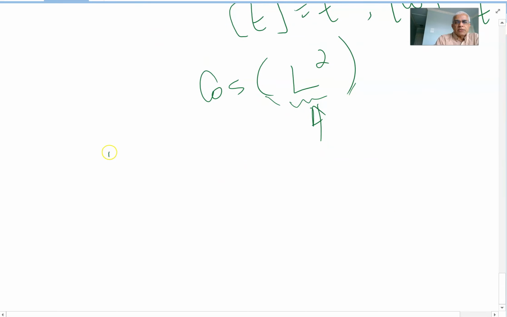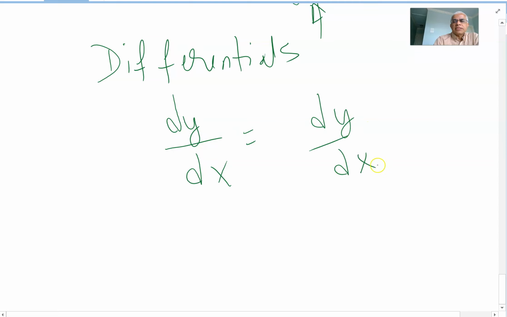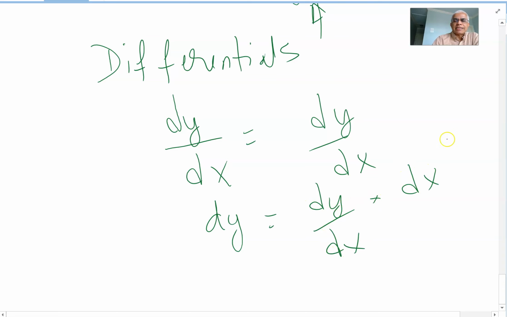The third concept is the notion of differentials, which you study again in a basic calculus class. But again, I want to emphasize a few things that are relevant. What I meant to say was I can think of dy, the change in y, as the rate of change of y with respect to x, that is dy dx, multiplied by dx.